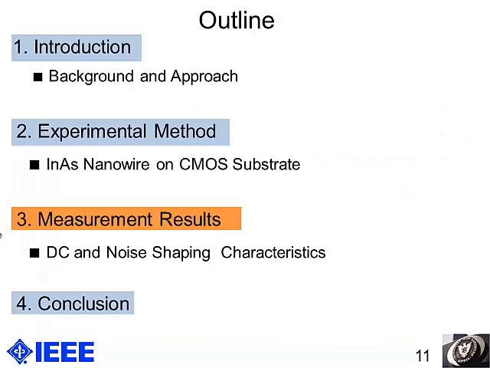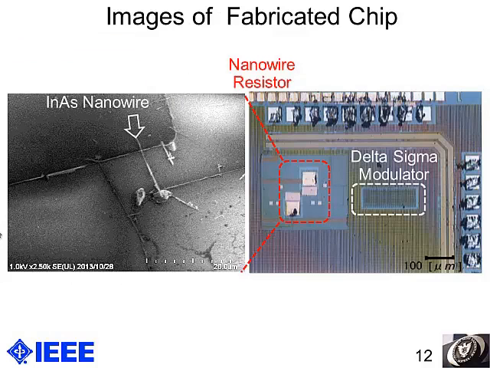From now, I'll talk about the measurement results we obtained from the fabricated chip. This is a photograph of the fabricated chip consisting of the delta sigma modulator and nanowire resistor. And this micrograph shows nanowires we deposited between the FASA electrodes.